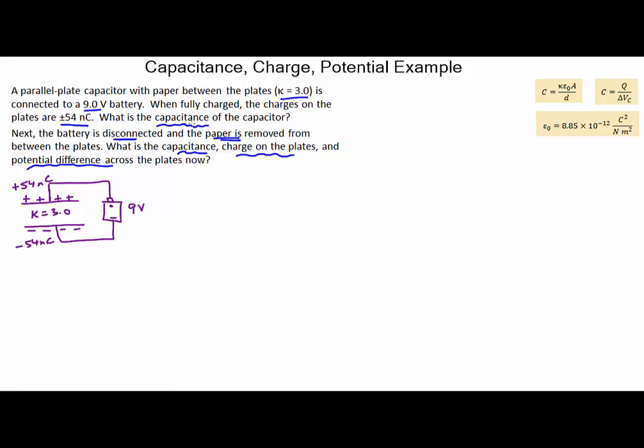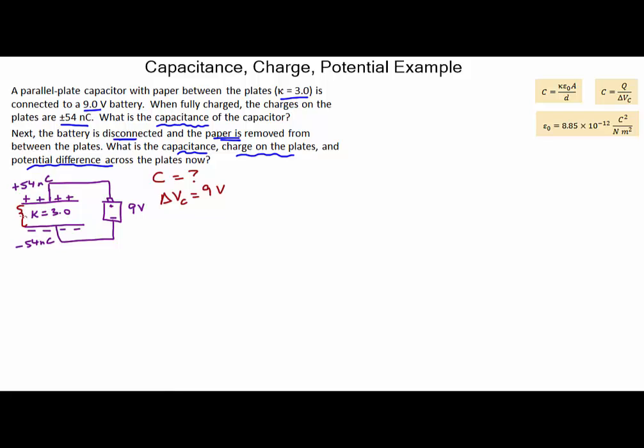And then it asks us for the capacitance of the capacitor. Well, can we figure that out? Let's see. So we want to get the capacitance of this capacitor. We know the delta VC, the potential difference across the plates of the capacitor. That is 9 volts.